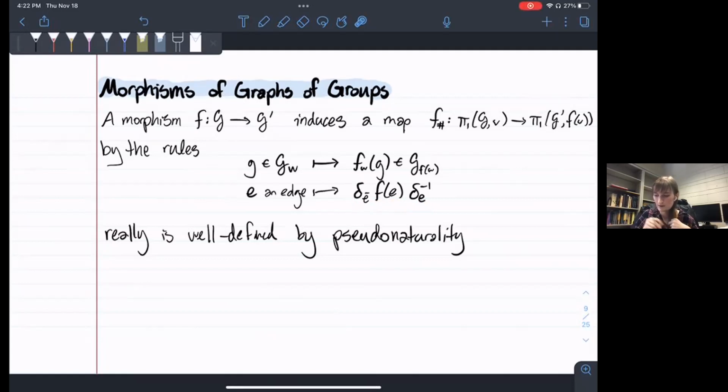It's not too hard to check. If you want to stop paying attention to me, you should try to assemble what I just said and check that this really does give a well-defined map on the fundamental group. Great.